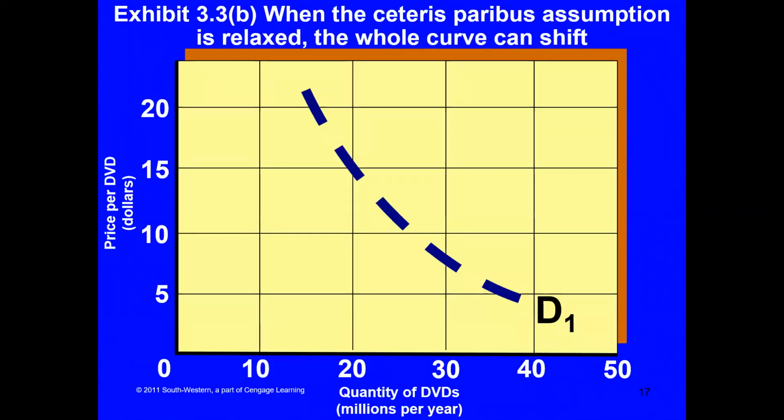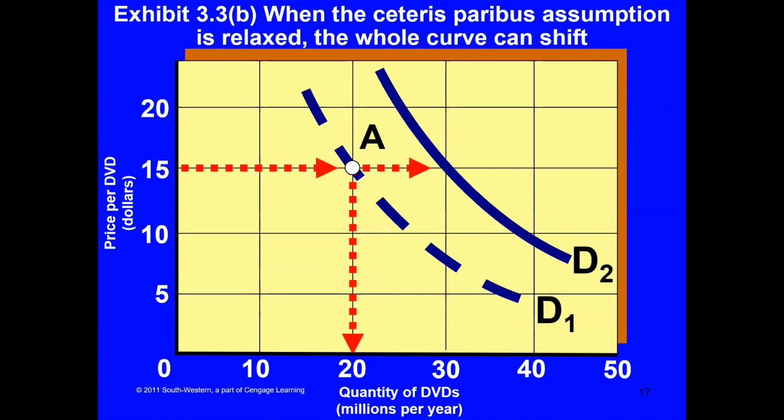So here's our original demand curve, D1. Now we've got a new one. You can see it's shifted to the right. So we went from the dotted one to the solid purple one called D2. That's called a shift in demand.